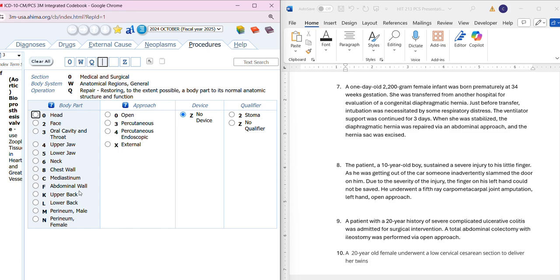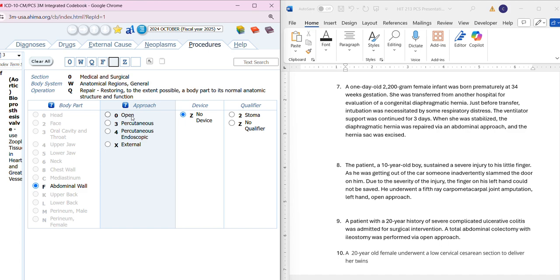Basically, a diaphragmatic hernia is a hernia, and because it is in your abdominal wall, it pushes all of your abdominal organs up into your chest cavity, essentially making it difficult to breathe. So our 4th character for this code is going to be F, abdominal wall.